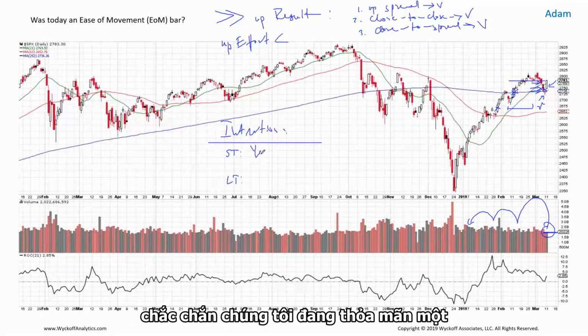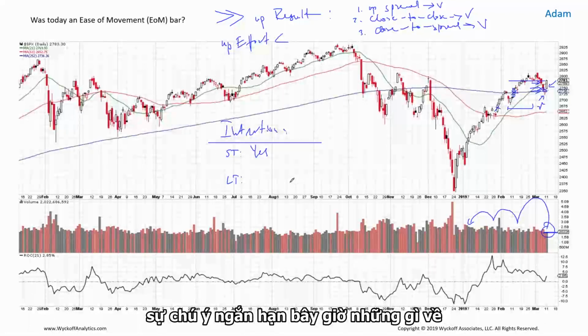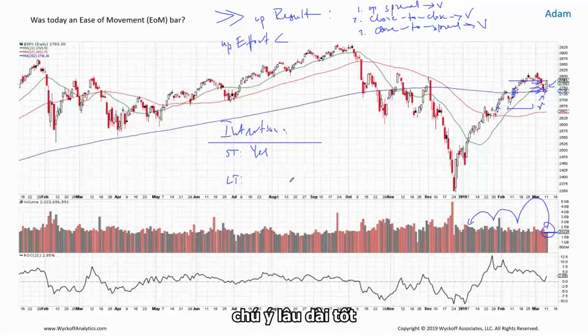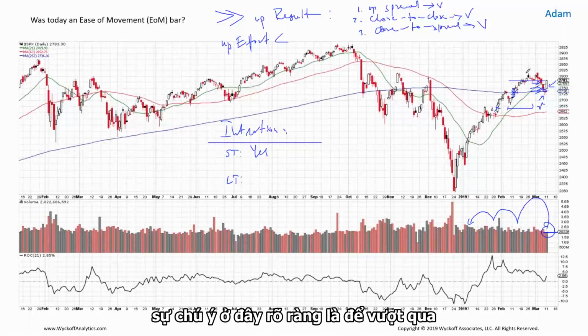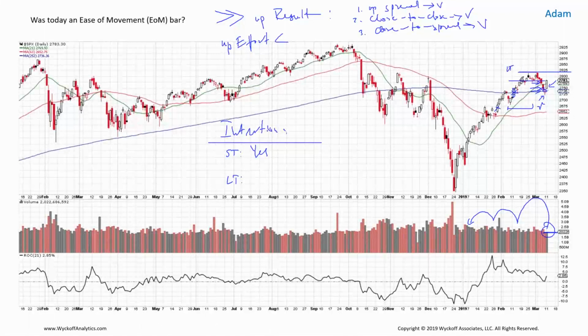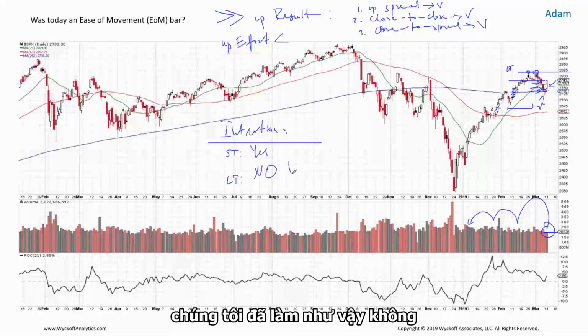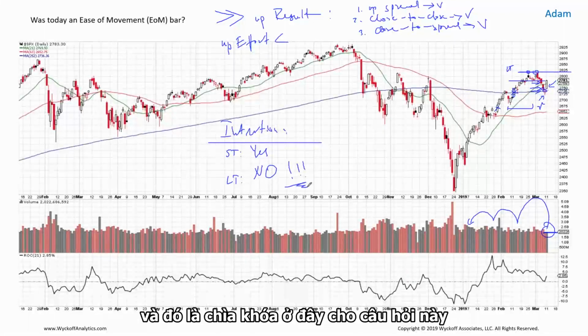So definitely we are satisfying a short-term intention. Now what about the long-term intention? Well, the long-term intention here is obviously to overcome a resistance that has been created by the high of this upswing. Have we done so? No. And that's the key here to this question.